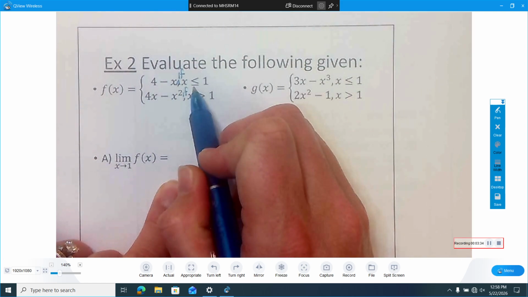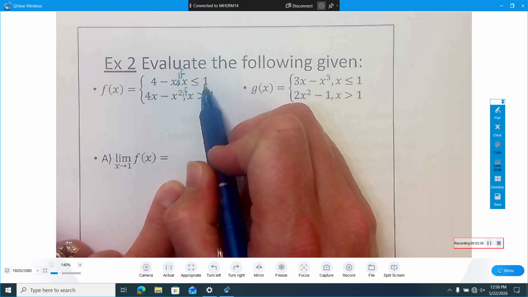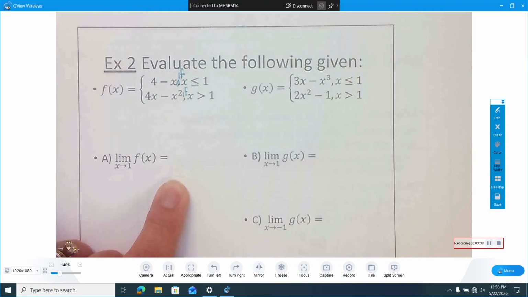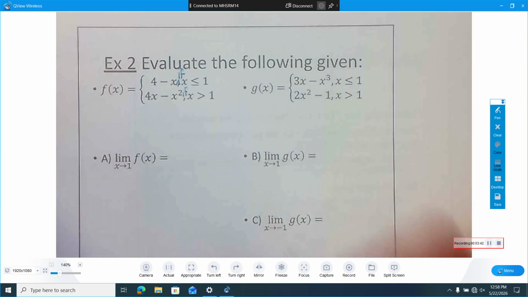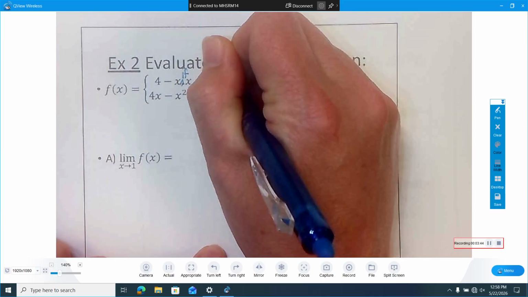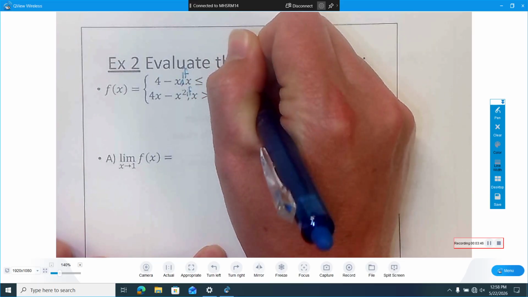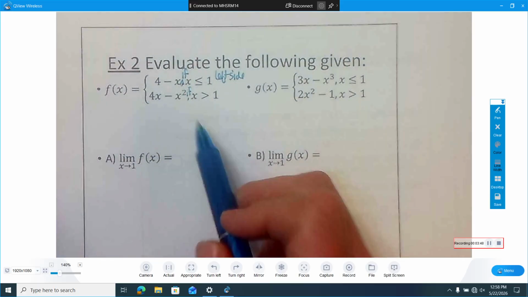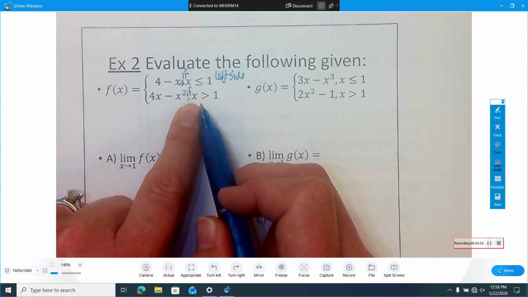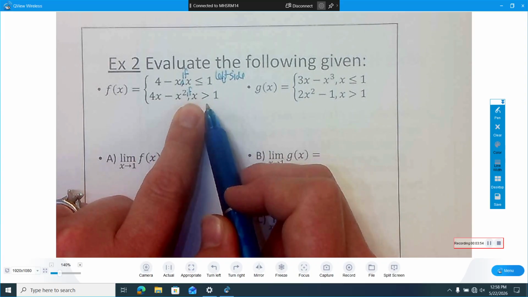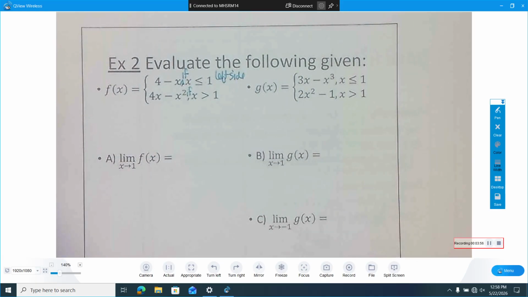If x is less than or equal to 1, then we use the top formula. Less than or equal to 1, that would be from the left-hand side. So this top equation is the left side of 1. And the bottom equation, if x is greater than 1, so greater than 1, that's the right side.